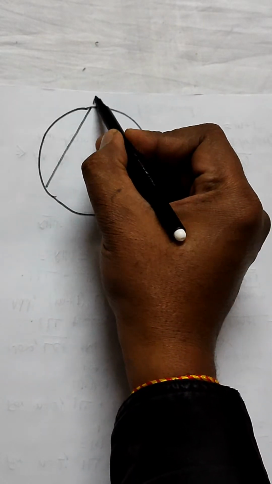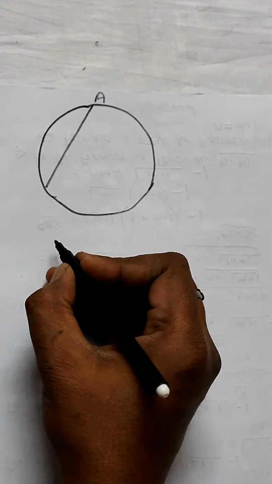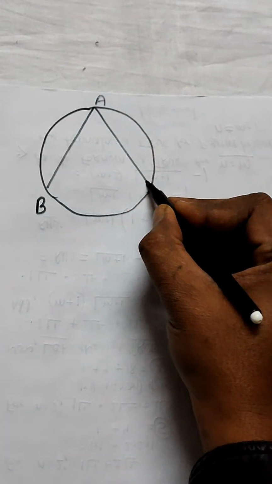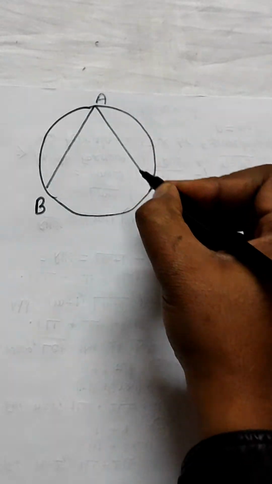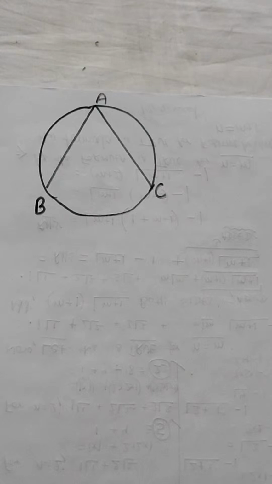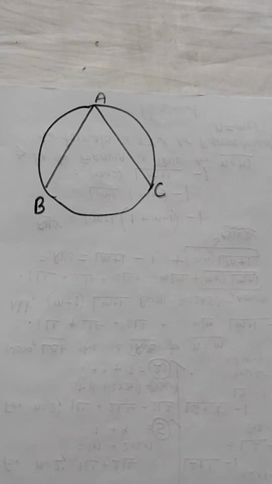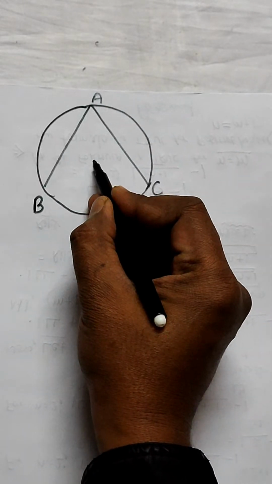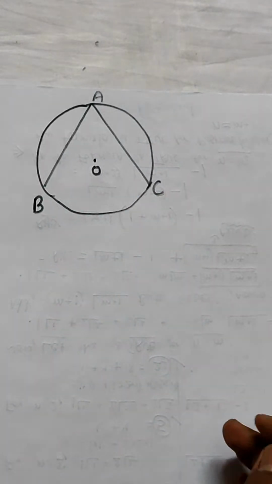This is A, B, and this is AC. These are two equal chords, whose center is O. So if these are the chords of this circle, let's say this is the center O, right?